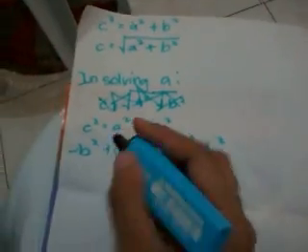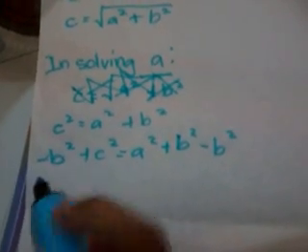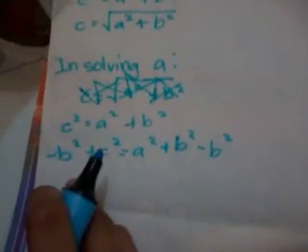What I said, you must deduct B squared from both sides to be balanced.